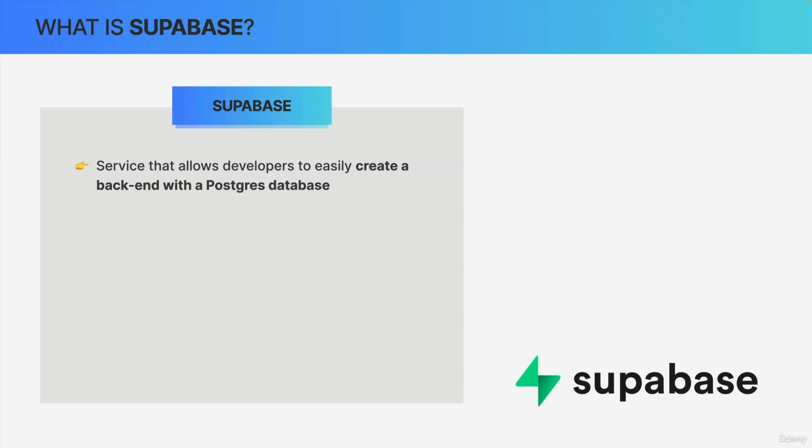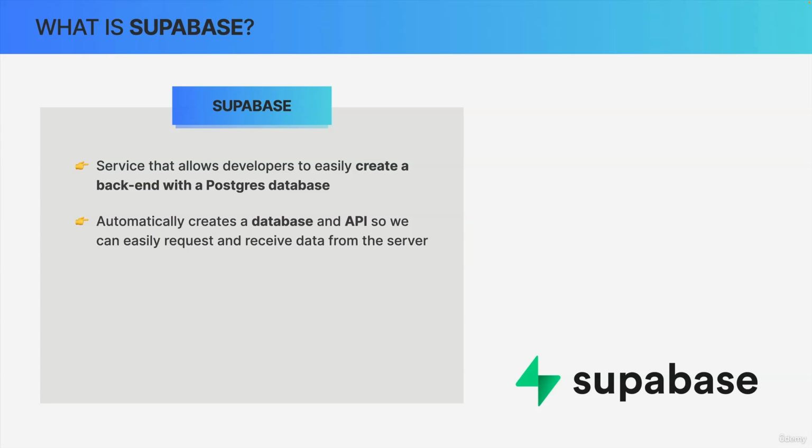So this is the really nice part of Supabase, because Supabase will automatically create a database and a matching API, so that we can very easily request and receive data from the server, so where the Postgres database is actually hosted. So it's really all extremely simple.